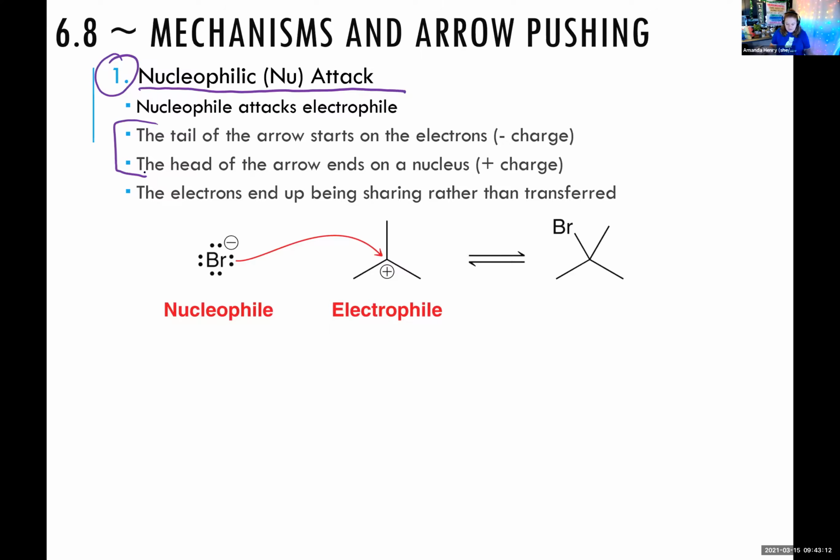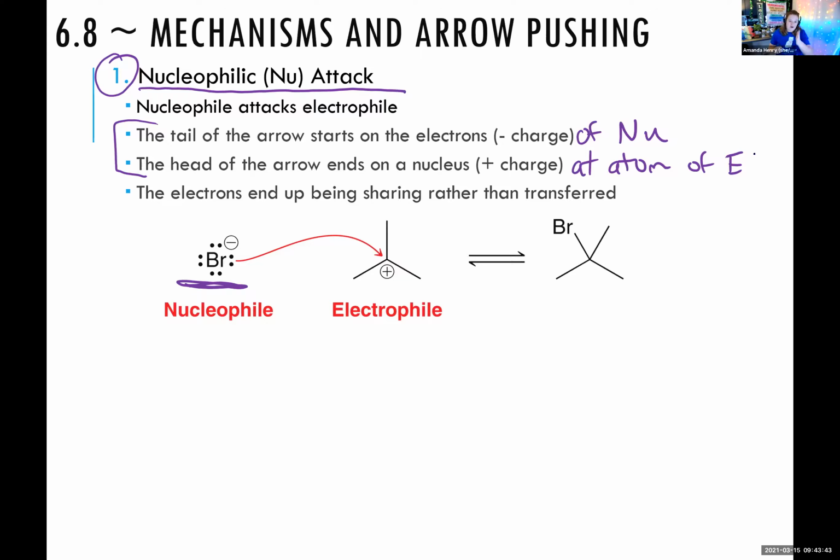The tail of the arrow, or the start of the arrow, is starting at the electrons of the nucleophile. And then the head of the arrow, where it ends, is ending on a nucleus, so at the atom of the electrophile. In this case, we have a bromide ion as our nucleophile.